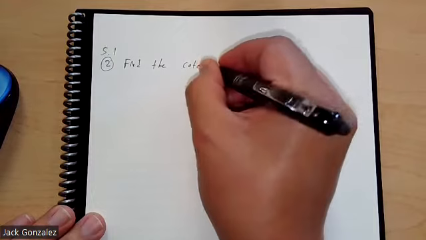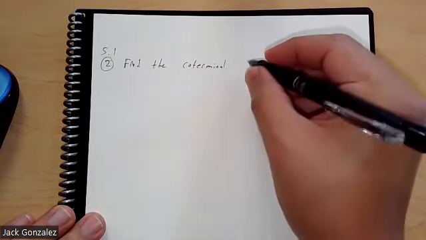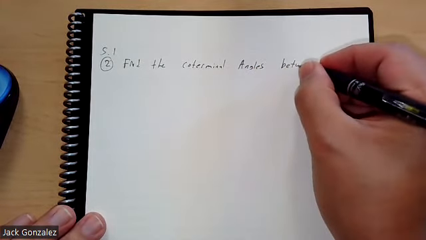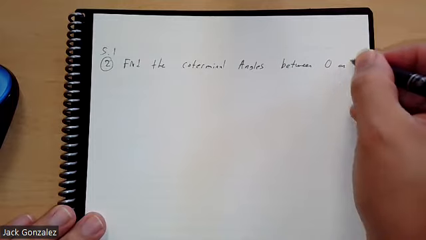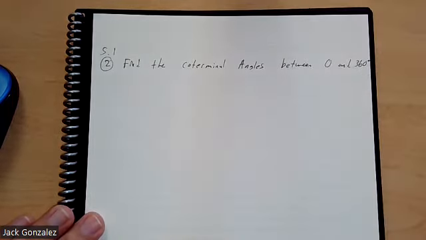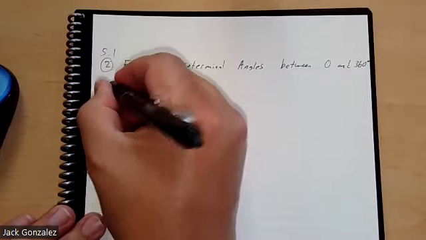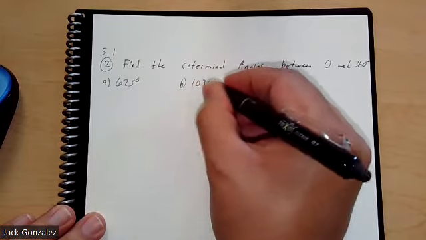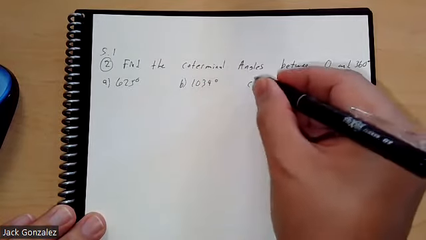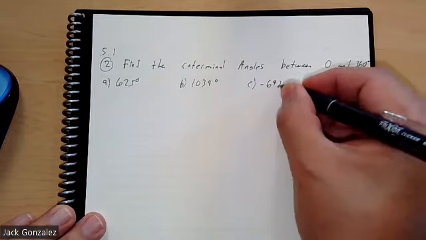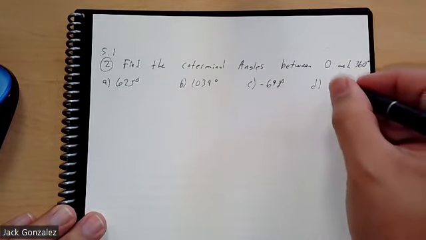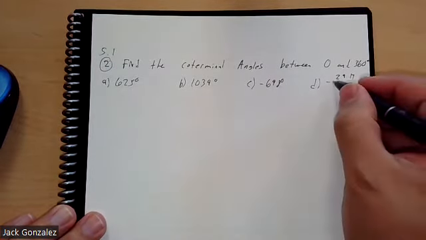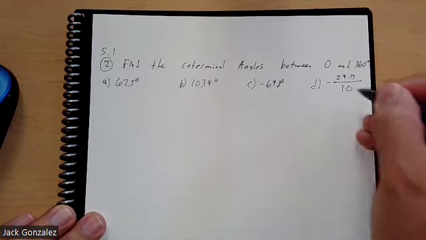Find the coterminal angles between 0 and 360. A, B, C, D. Okay.